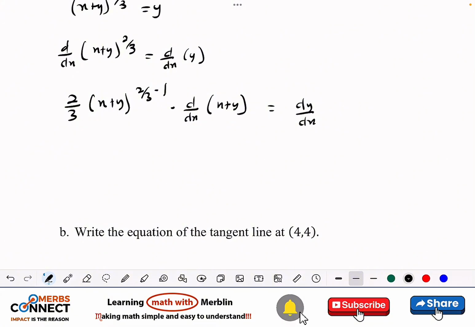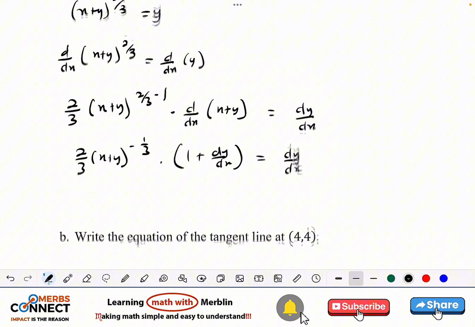So now let me differentiate what is inside the bracket, and I'm going to have 2 over 3 times x plus y. And what is 2 divided by 3 minus 1? That's going to be minus 1 over 3 times. And when I differentiate x, I have 1. And when I differentiate y, I have dy over dx, which is going to give us dy over dx.